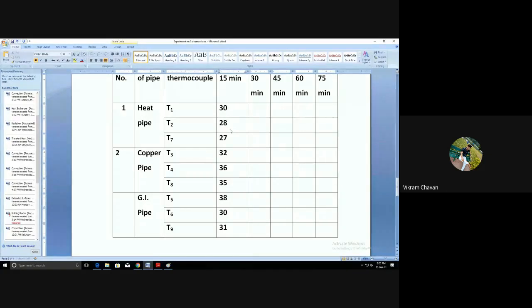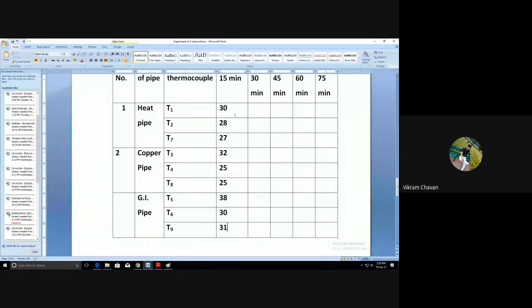Then 28, 27, 32, and for the copper pipe let us say 32, 20, 25, and this is also 25. For the GI pipe 38, 30, and 31. Okay, so we are getting such readings.